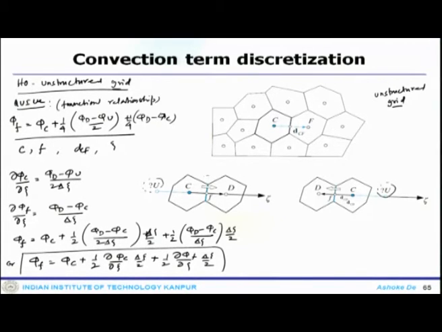Now you have this vector DCF between C and F. So, you can write phi f equals phi c plus half of gradient of phi c dot DCF plus half of gradient of phi f dot DCF, which is quite suitable for use in the context of unstructured grids.